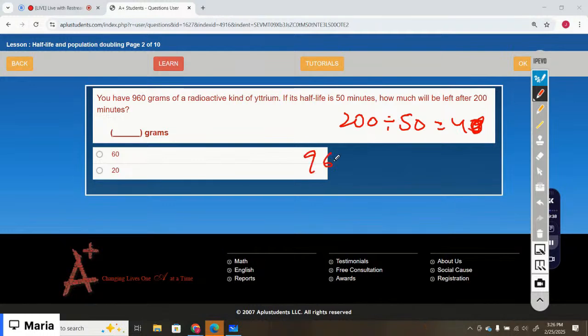So divide 960 by 2 four times. Dividing by 2 means getting half, right? So 960 halved is 480, then 240, then 120, then 60.